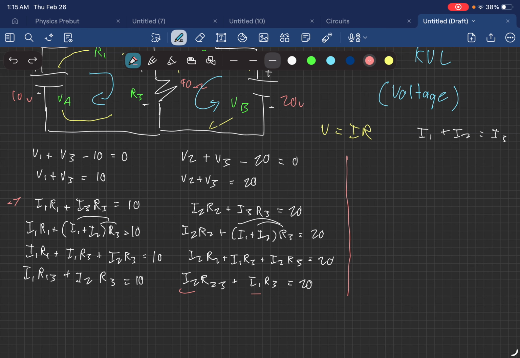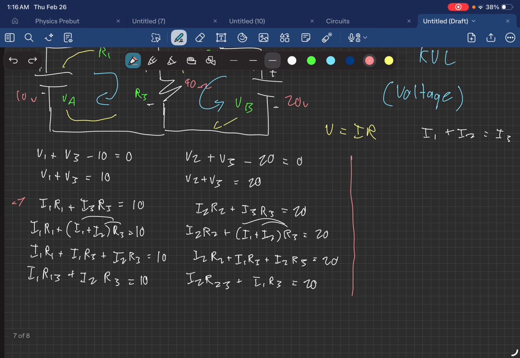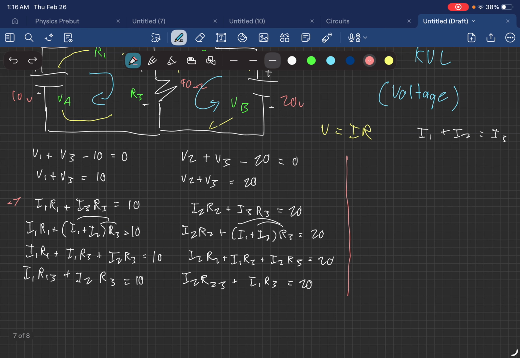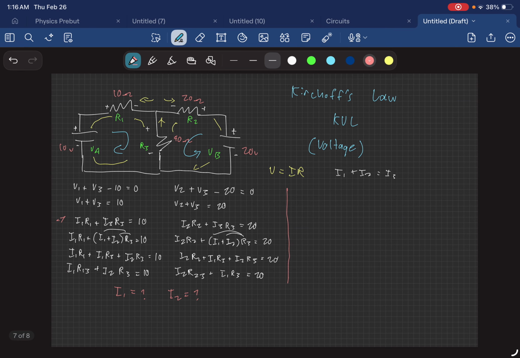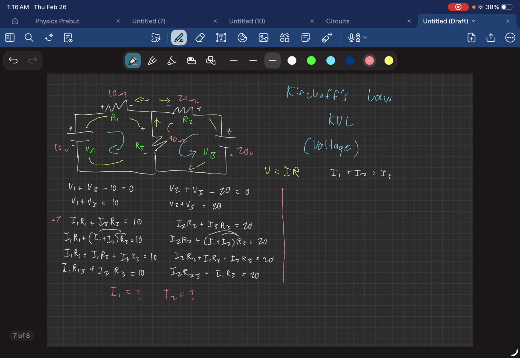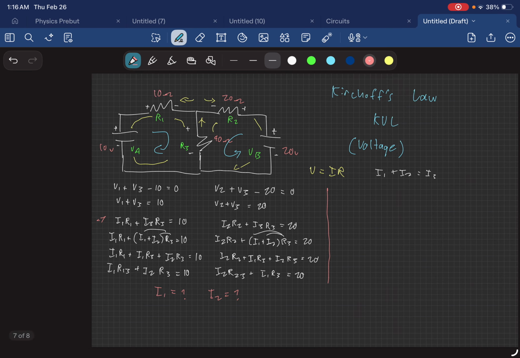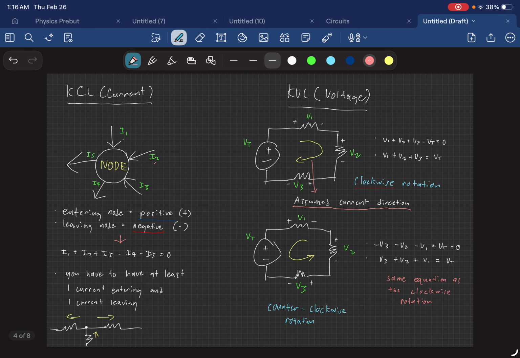That's why we got rid of I3, so that we can limit the variables that we need. So we're looking for, let me just write this, I1 and I2. Okay, I'll teach systems of equations real quick, the simple one.